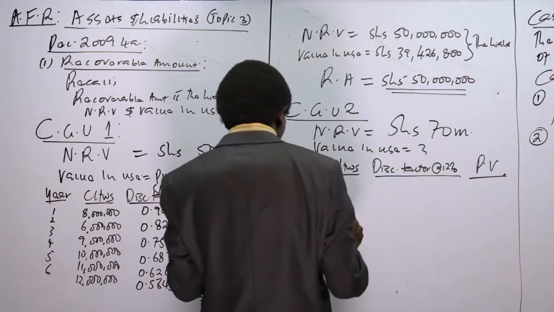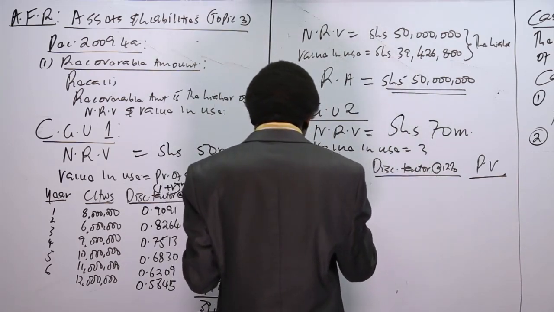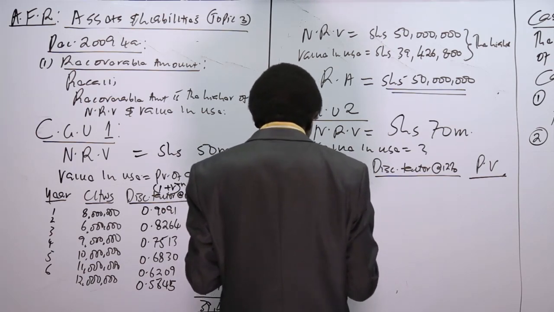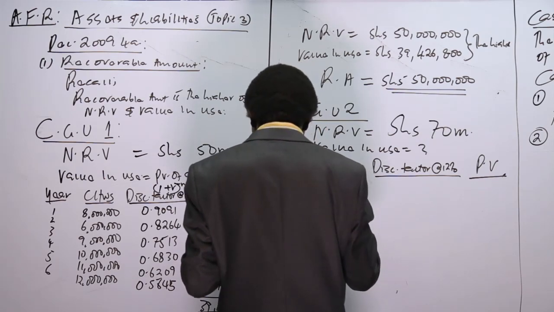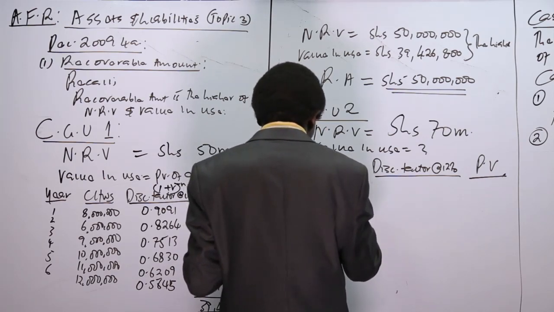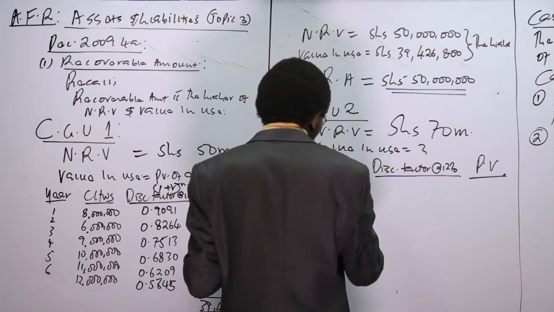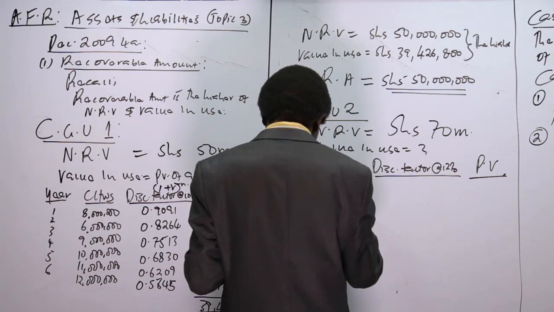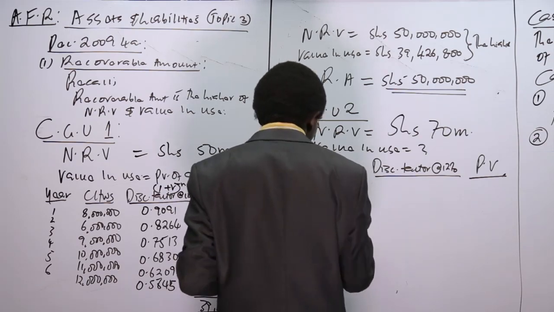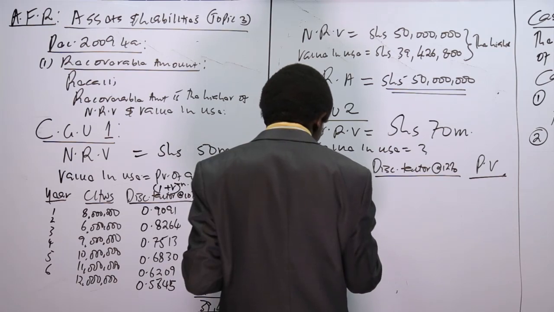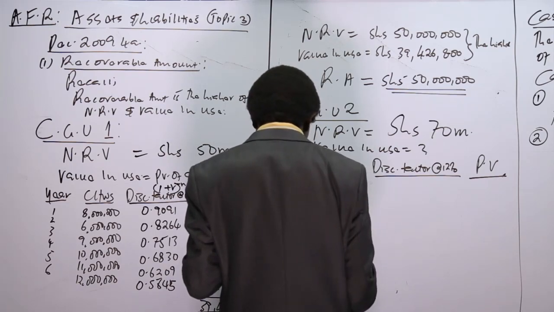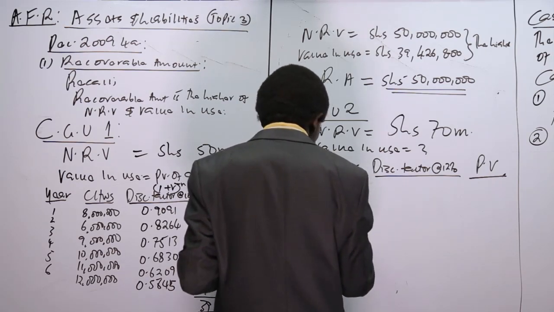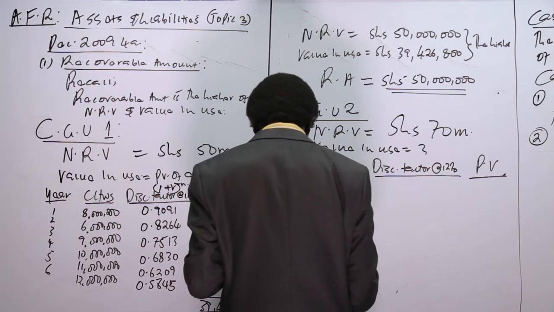The cash flows given are 20 million, then 22 million, then 27 million, then 24 million, sorry, that was wrong, it is 24 million.